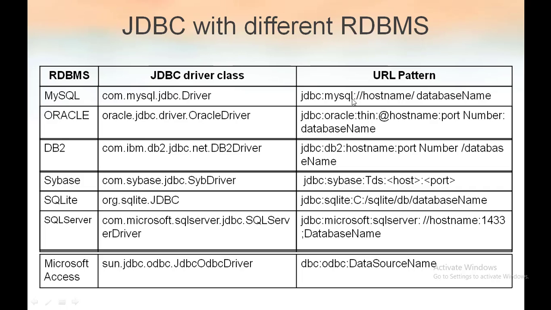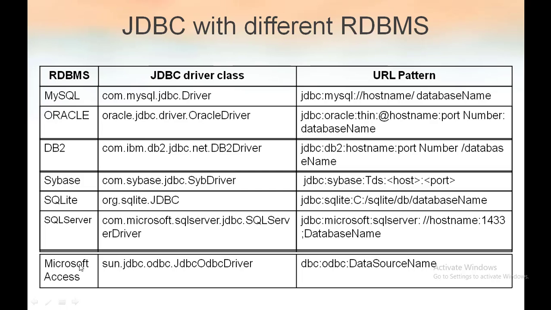This is the pattern you need to pass for the connection, and this driver we are using for loading. For DB2, Oracle, Sybase, SQLite, SQL Server, the respective format is available to load the driver class and to access the database.